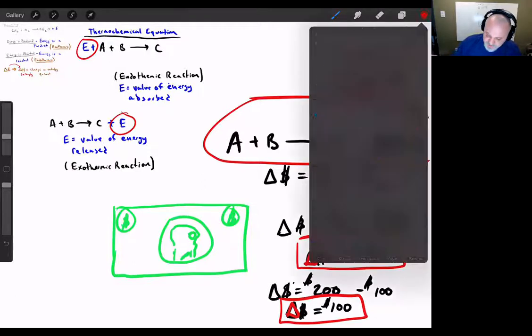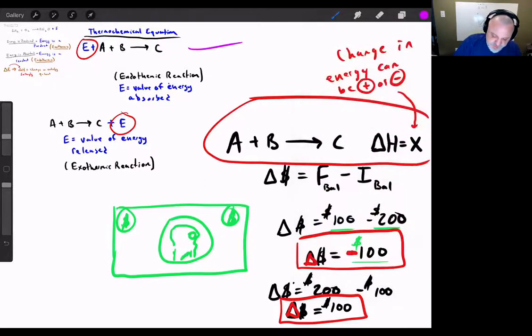But what would be analogous to these types of reactions? Well, it's this, right? I went to the store and I spent $100. Or I went to the bank and I deposited $100.